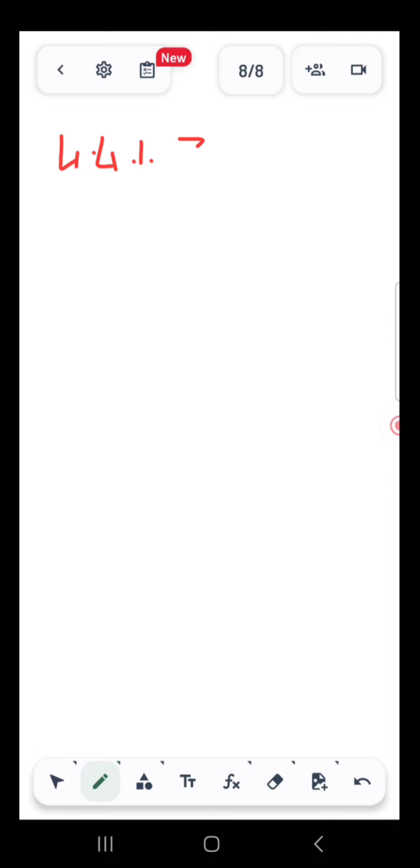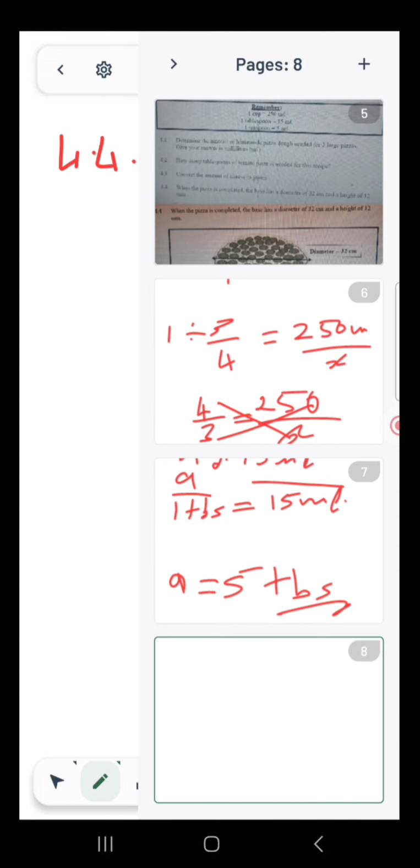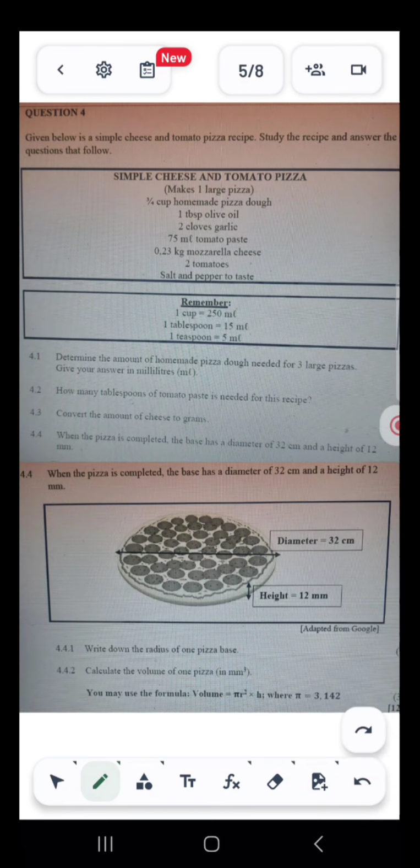Ukuthi bathe 32 centimeter nabaqeda bathi 12 millimeter. Ama SI unit awafani, so kuzomela siwashintshe because you can't calculate it being afani, right? And then they give you an image to show you ukuthi bakhuluma ngani. This is the diameter and then this is the height, right?